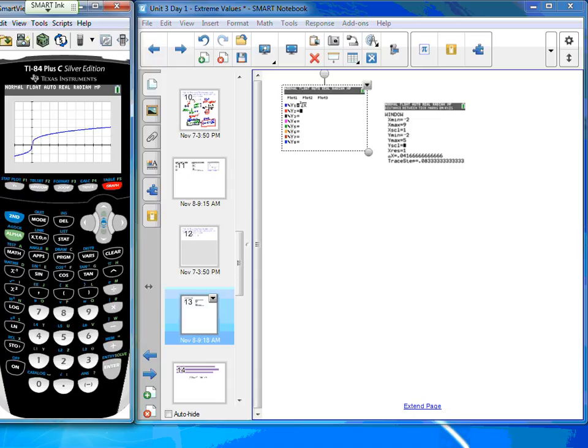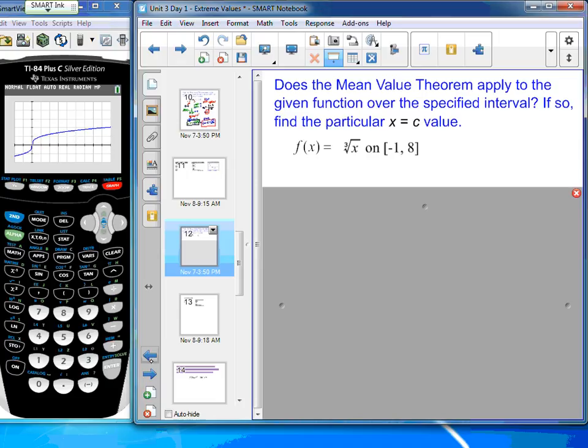Awesome. So does the mean value theorem apply on -1 to 8 for f of x equals cube root of x? Go ahead and tell your partner, Kylie.